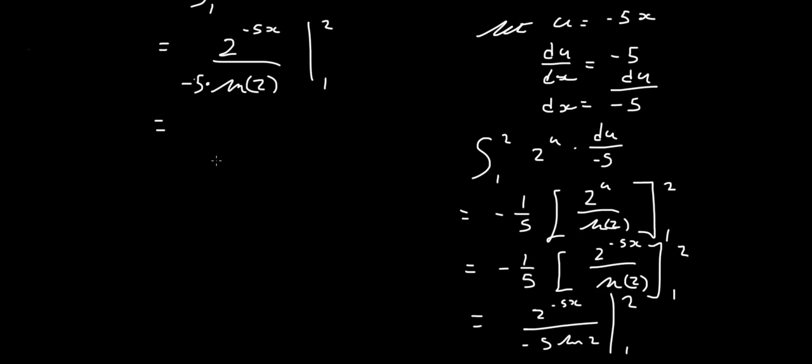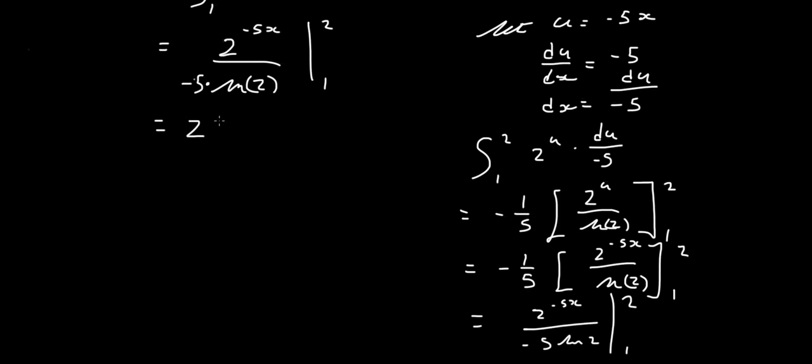Okay, so let's quickly evaluate those points by popping it into the calculator. 2 to the minus 5 times 2 over minus 5 times ln 2. Okay, so we're doing final minus initial.